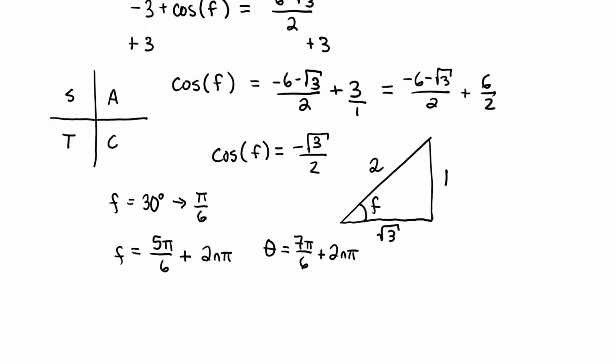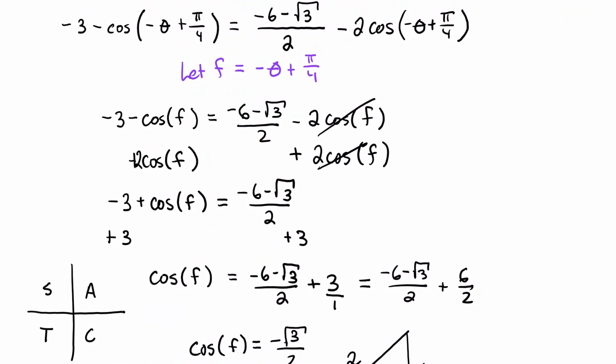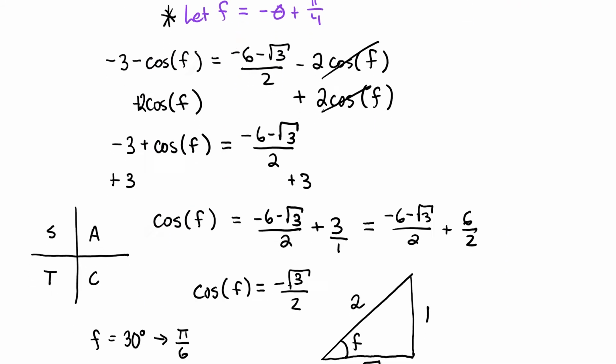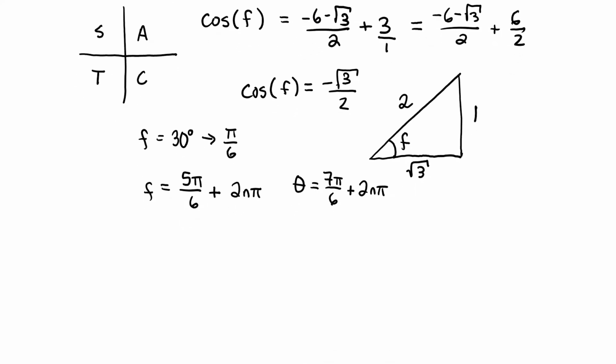So now we go back to our substitution that we made earlier, and remember we said let f be negative theta plus pi over 4. So now we're going to go back and resubstitute and say negative theta plus pi over 4 equals 5 pi over 6 plus 2n pi.